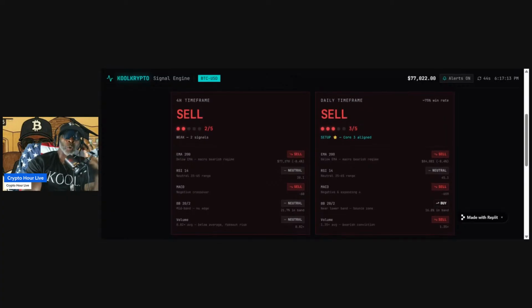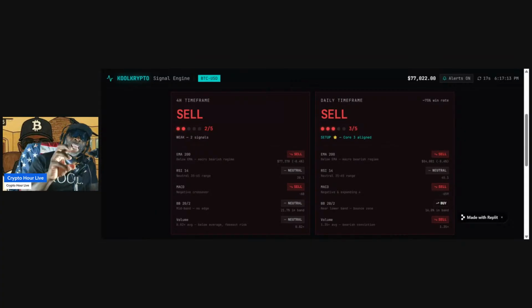I told it that if three of them flash red, it just says sell. If three of them flash green, it just says buy. If only one signal shows, it just says wait.